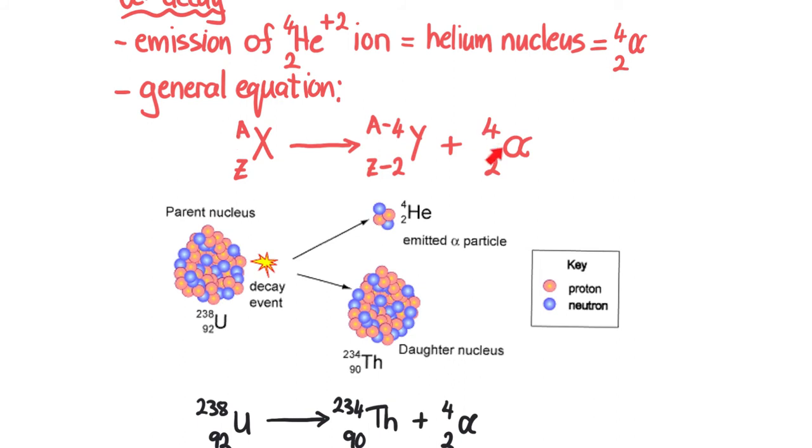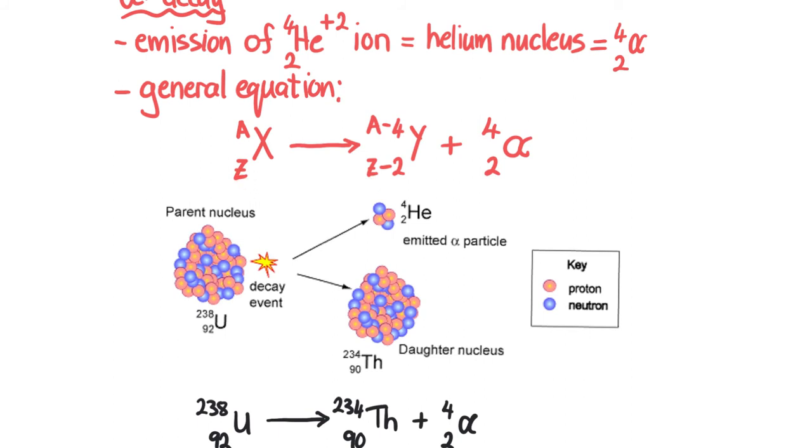And that's because the alpha particle has a mass number of 4 and is no longer in the nucleus. And because the alpha particle takes 2 protons with it, the atomic number of the daughter nucleus is 2 less than the atomic number of the parent nucleus.